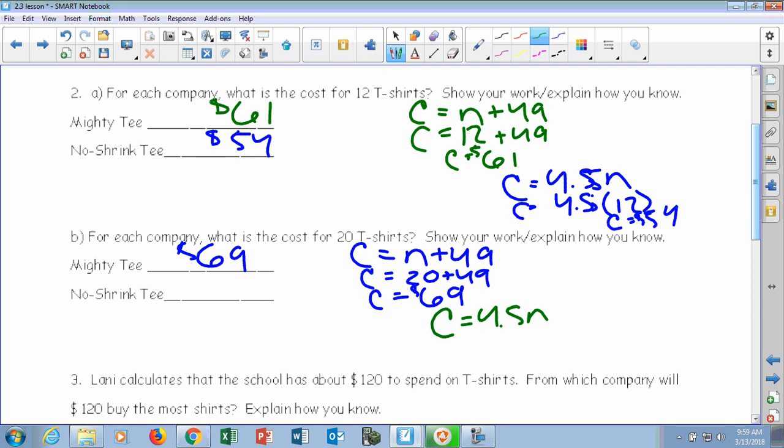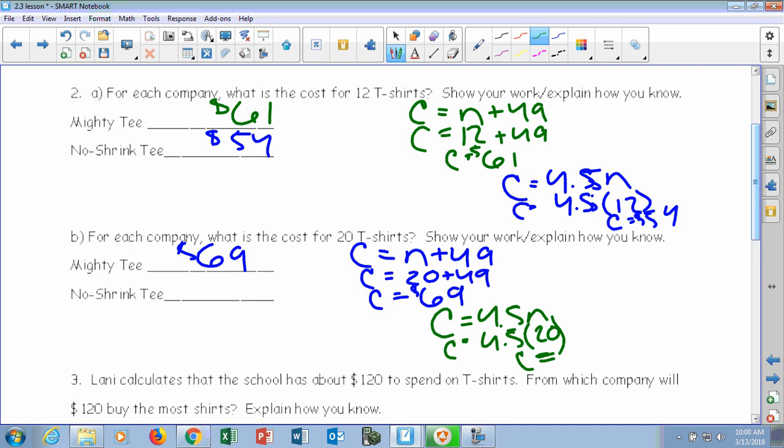Where am I going to plug my 20 in? Are you saying in replace of the N? Yeah. My N represents the number of t-shirts. So if they tell me, hey, you have 20 t-shirts, I just get rid of that N and plug my 20 in for it. So Philip, what would my total cost be now that I have an equation?